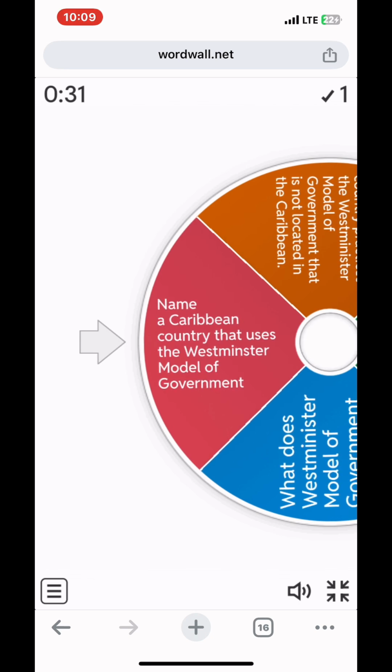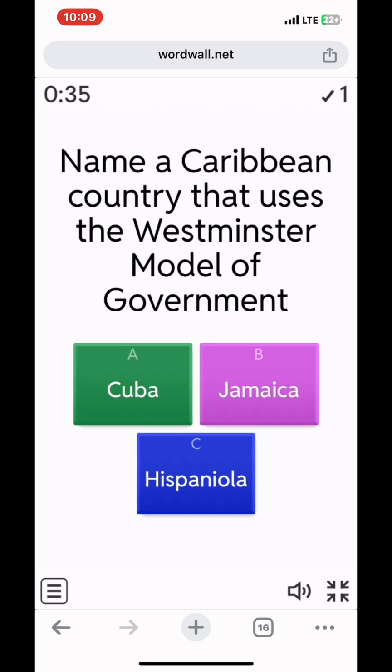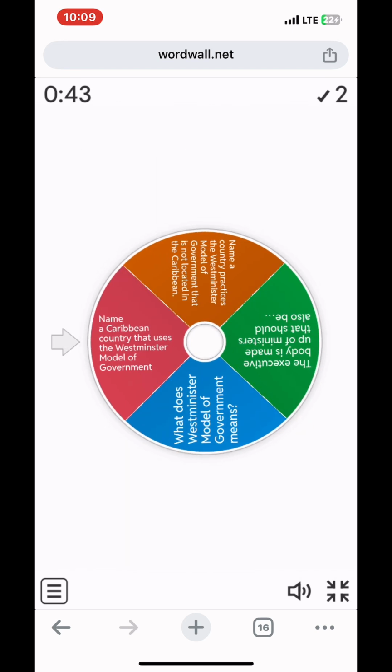Name a Caribbean country that uses the Westminster Model of Government. If your answer is Jamaica, then you are correct.